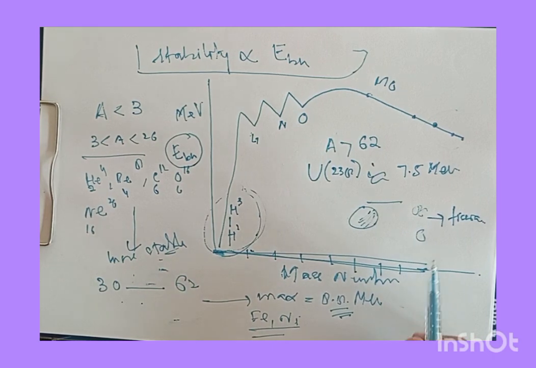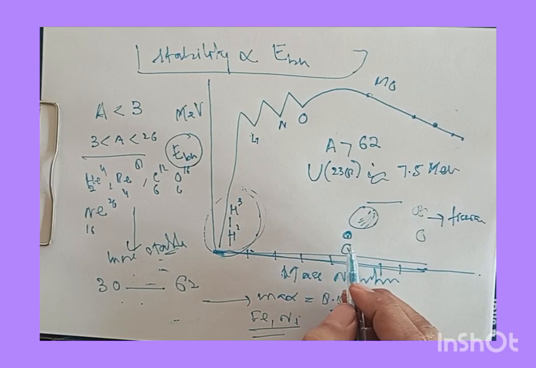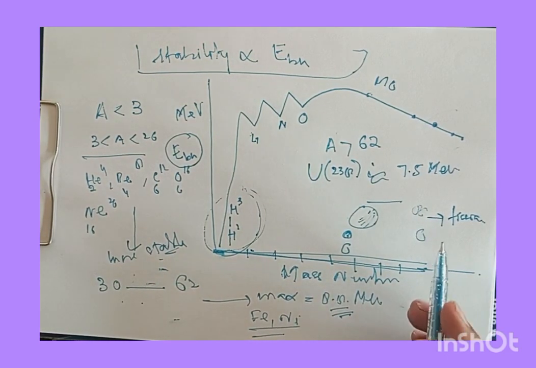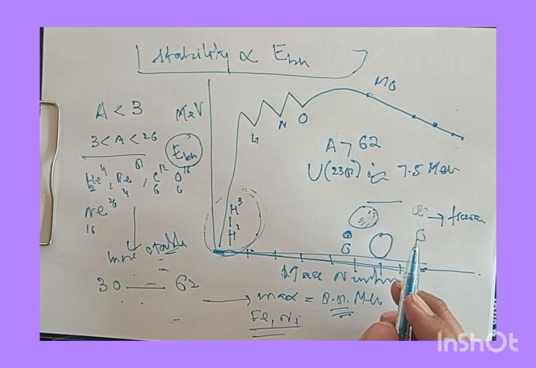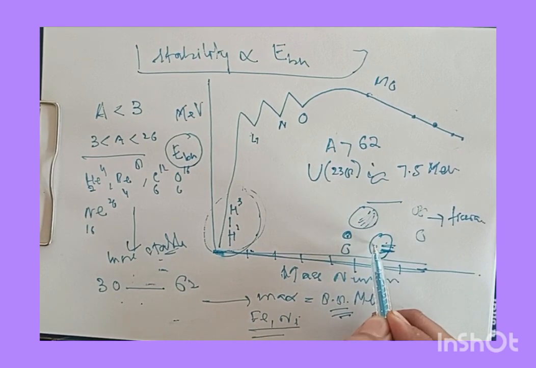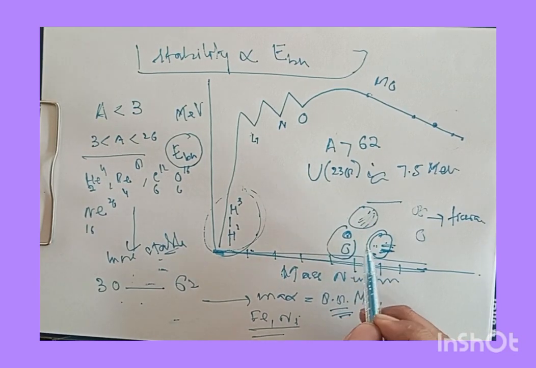And when we have two very light nuclei, the reverse of it, whose mass numbers are less than or equal to 10, when they combine to form a relatively heavy nucleus, the binding energy per nucleon of the fused heavy nucleus becomes more than that of the lighter nuclei.